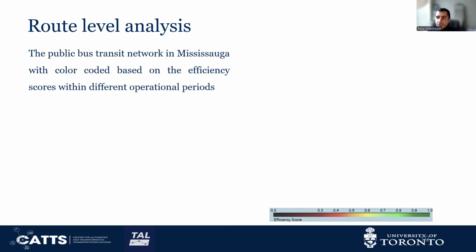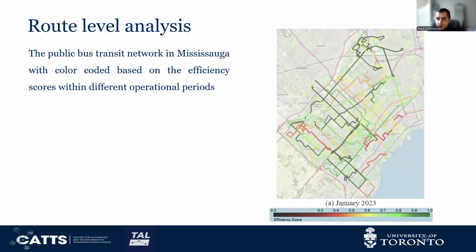So if we use T-Spark to do our analysis at route level and map the transit network based on the efficiency scores obtained for each transit route in each operation period, I mean each month, we will see something like this.